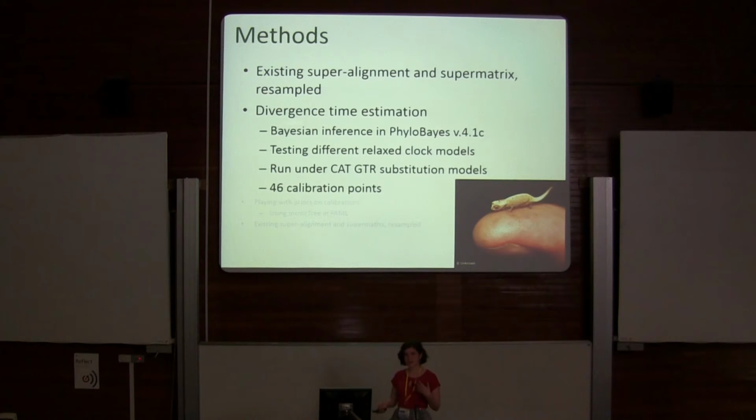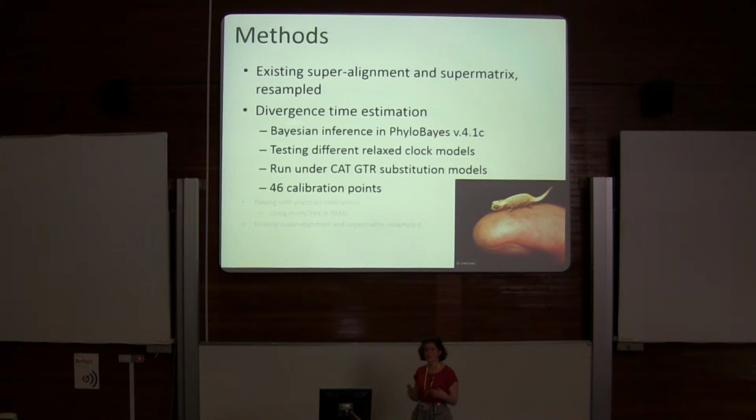So there are two main things I'm testing to see how robust the pattern I'm finding is. In phylobase, I'm looking at different relaxed clock models, both autocorrelated and uncorrelated. So I'm allowing the clock to be relaxed rather than strict, so there's not a global clock for all of the taxa, which makes sense because some of them are really distantly related, especially the outgroup taxa.